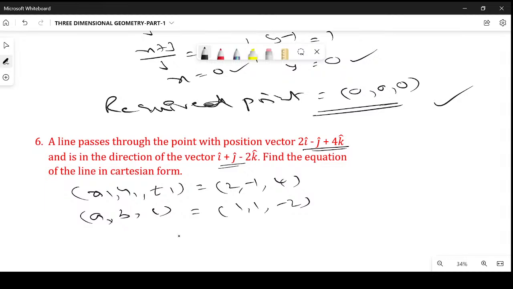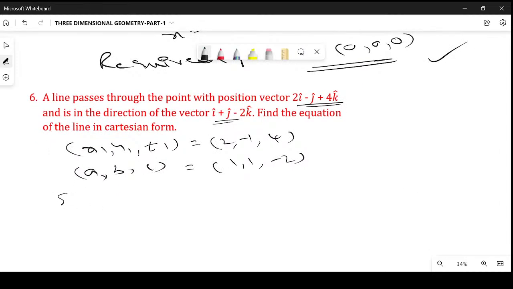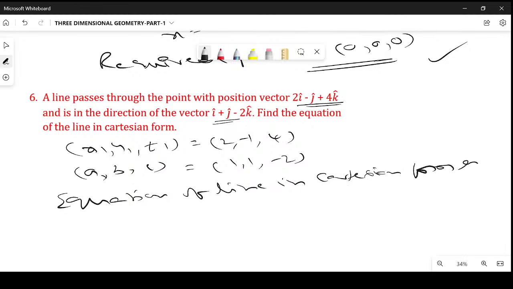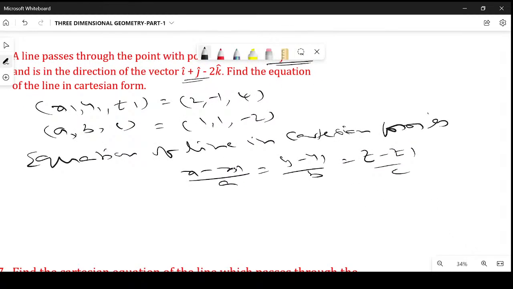When they are asking Cartesian form, equation of line in Cartesian form is, we know that x minus x1 by a equal to y minus y1 by b equal to z minus z1 by c. Now you can use this. This is x minus x1.